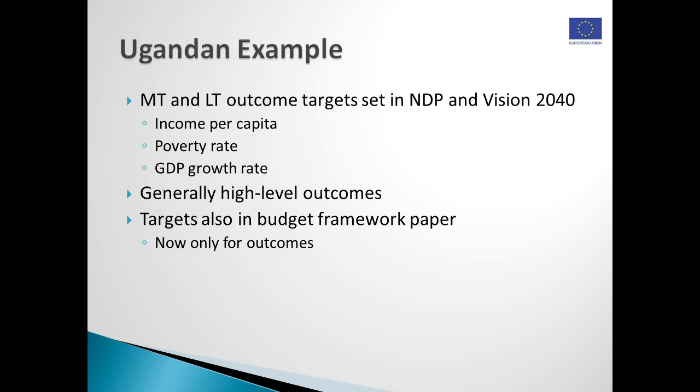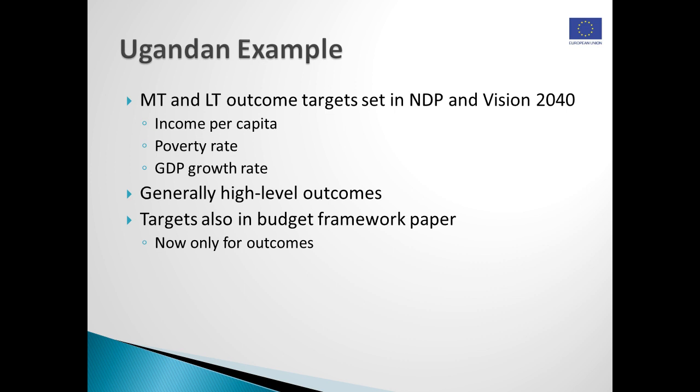Let's take some Ugandan target examples. In Uganda, medium-term and long-term outcome targets are set in the National Development Plan and in Vision 2040. These are targets for things such as increasing income per capita, reducing the rate of poverty, or increasing GDP growth rate.